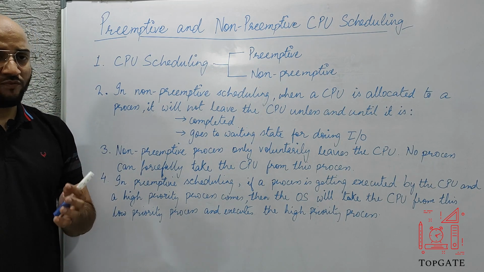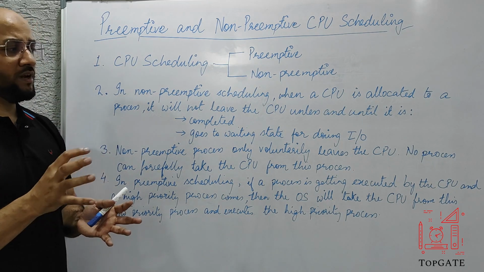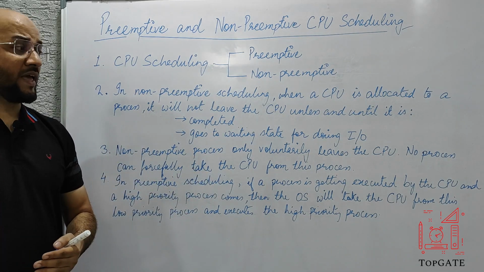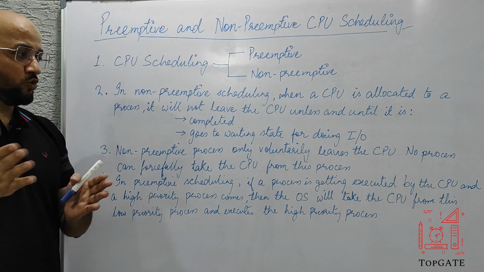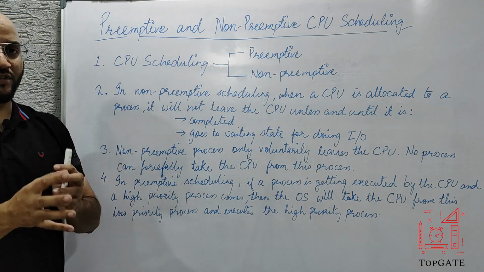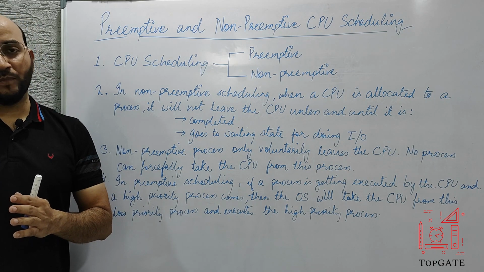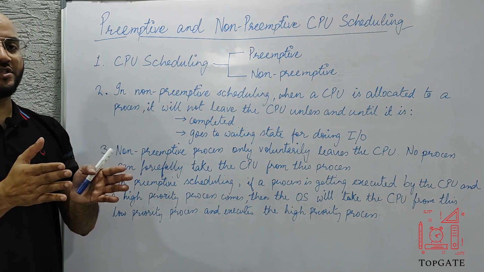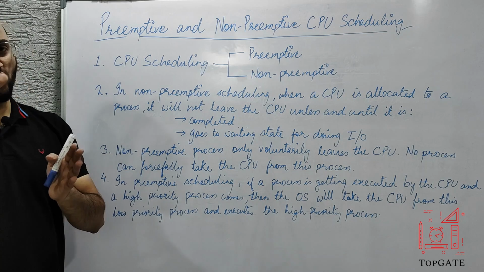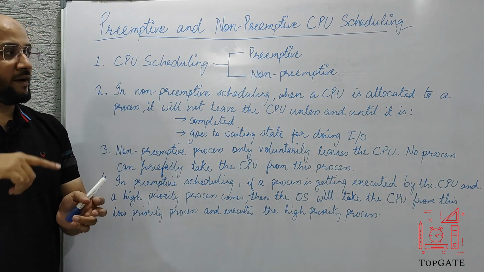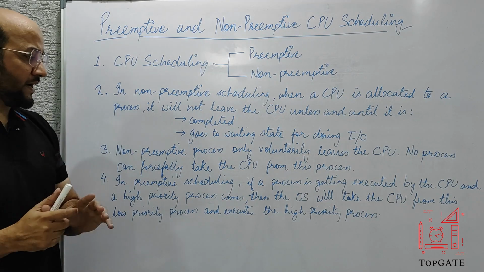So if the OS grants its request, it will take the CPU from the earlier process and grant CPU access to this high priority process. It will execute first and the process which was executing earlier will go to the waiting state. And when this high priority process completes its work or goes to the waiting state, then the process which was executing earlier will be transferred back to the CPU. So that is in one case.